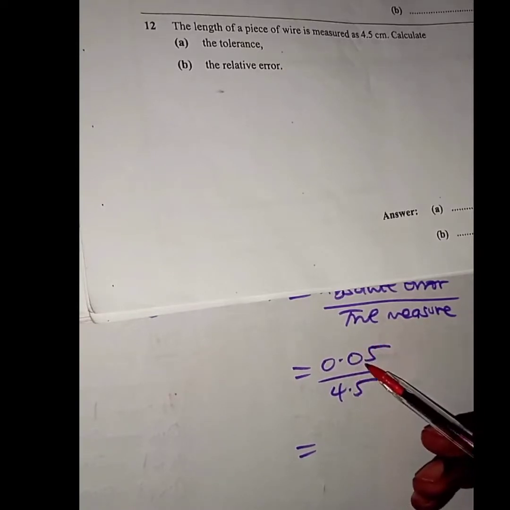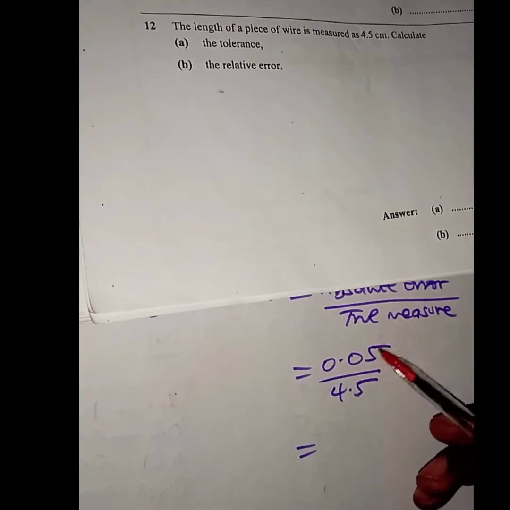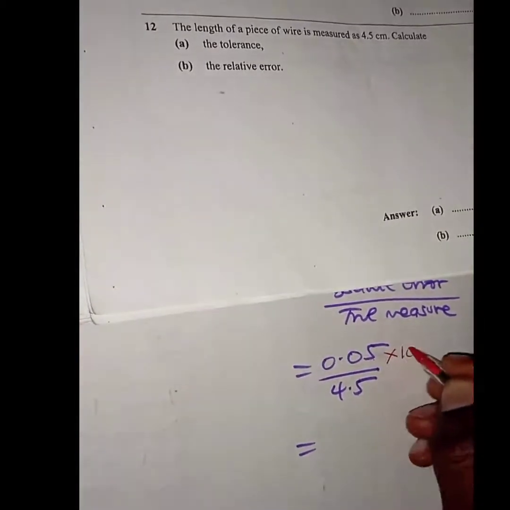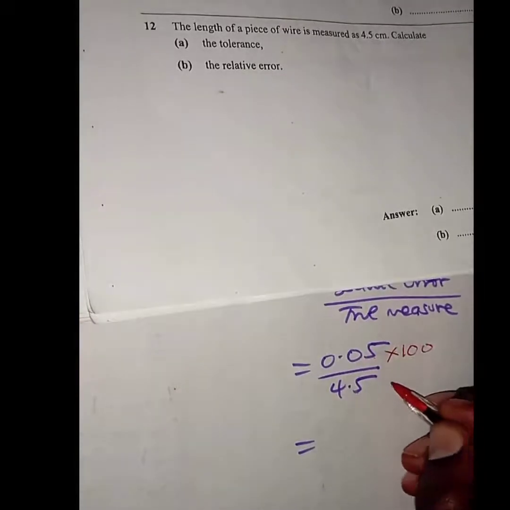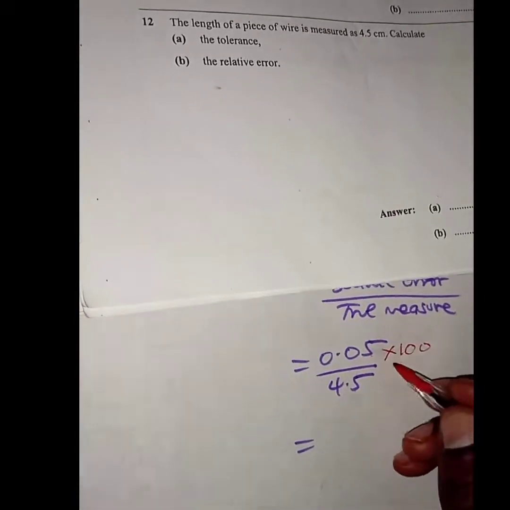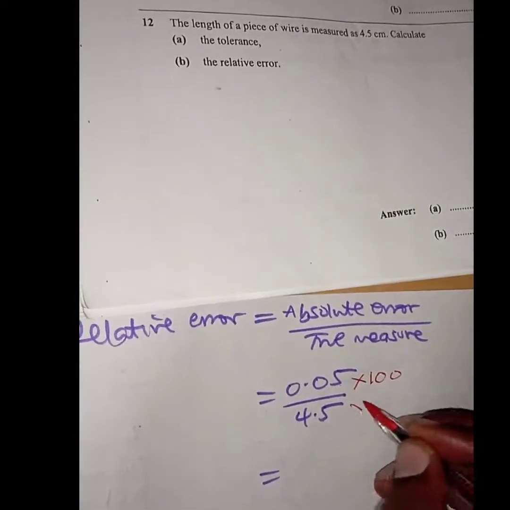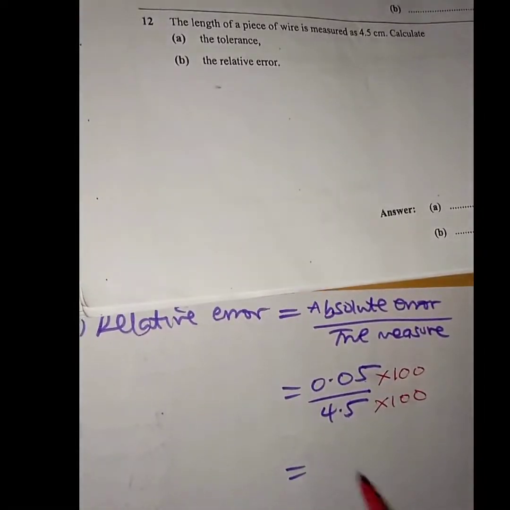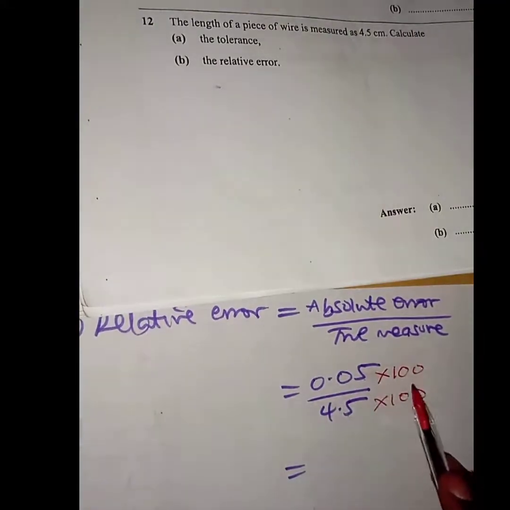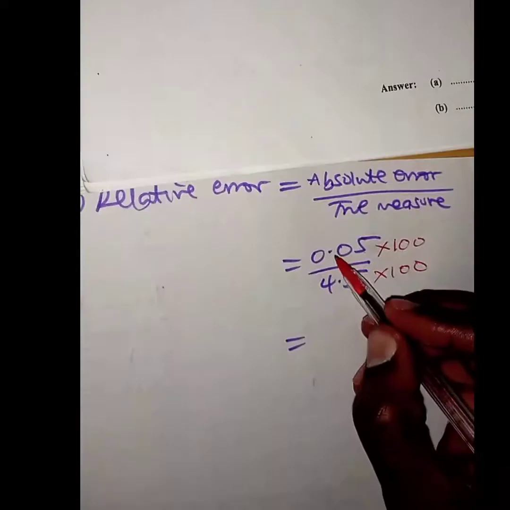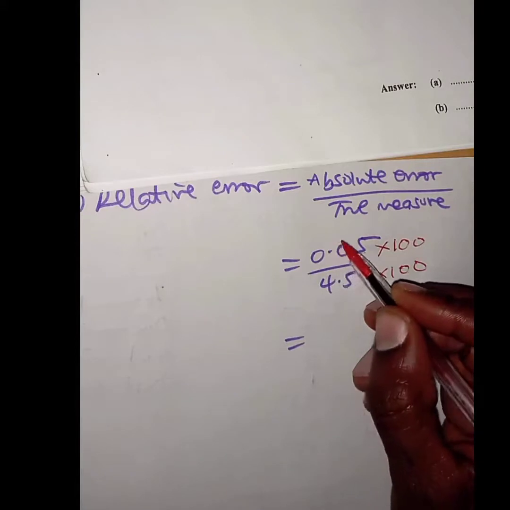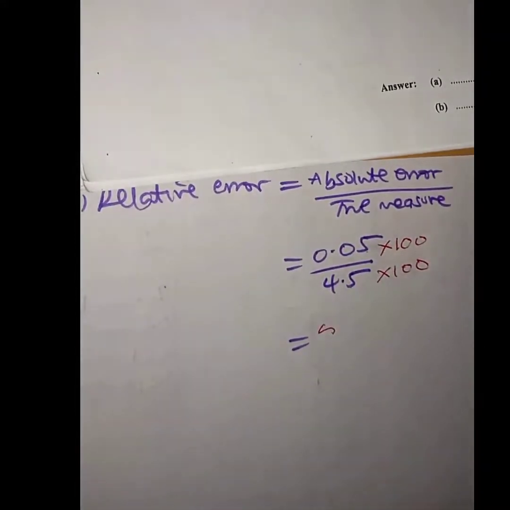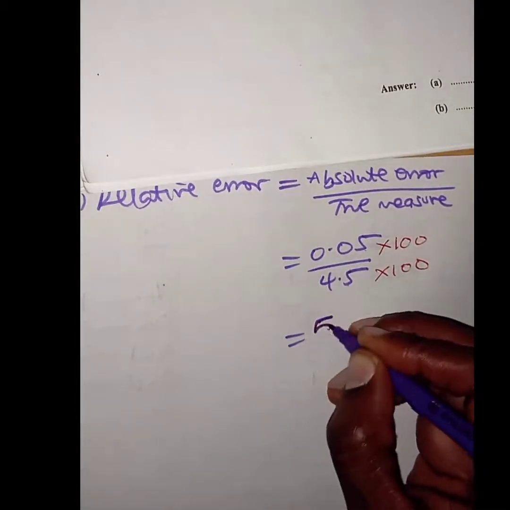There are 2 decimal places, so you multiply by 100 on this numerator. What you do on top, do the same down there, over 100. So 0.05 times 100, these 2 zeros mean move 2 steps forward. So the point will move 1, 2.